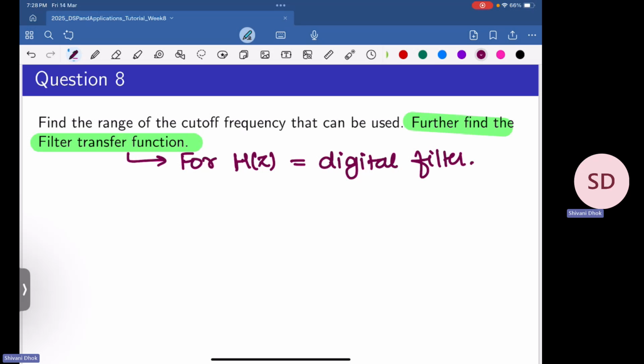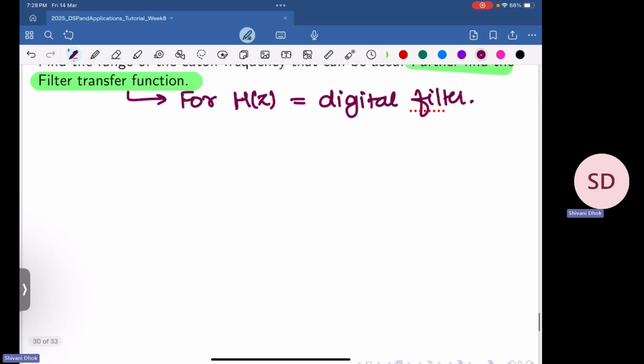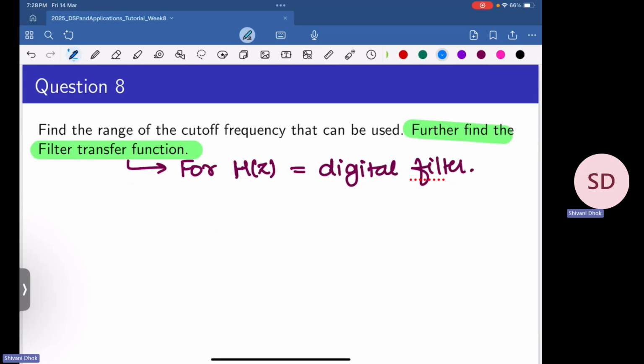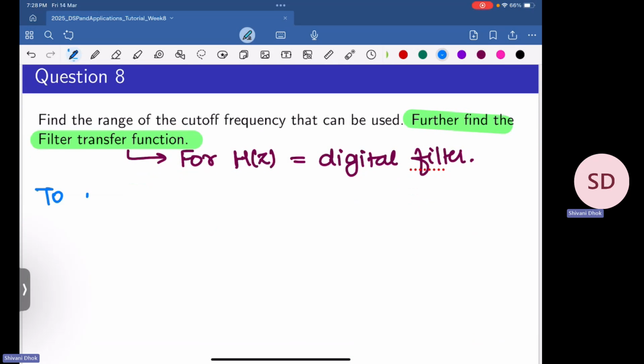We want to find the digital filter's transfer function. This involves 3 steps. To get H of z, we need the following 3 steps.